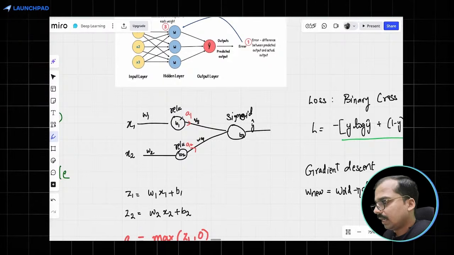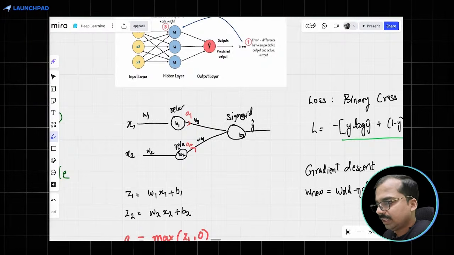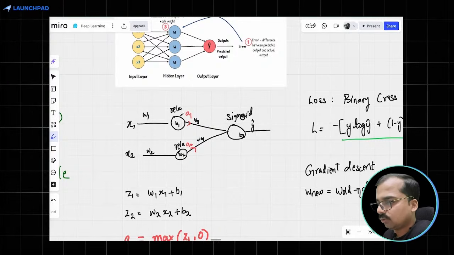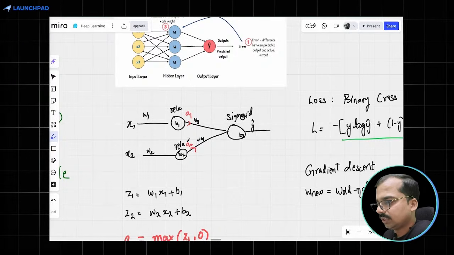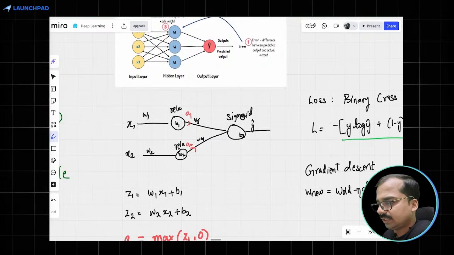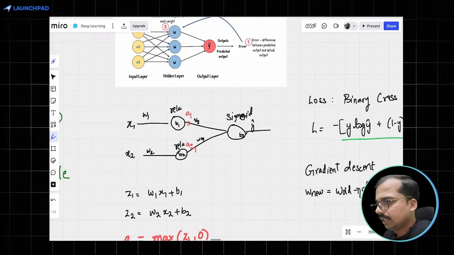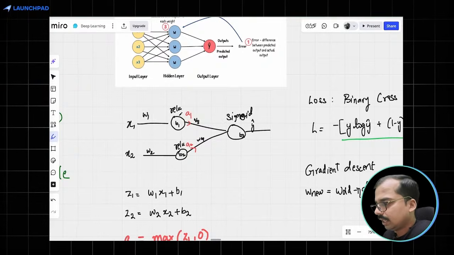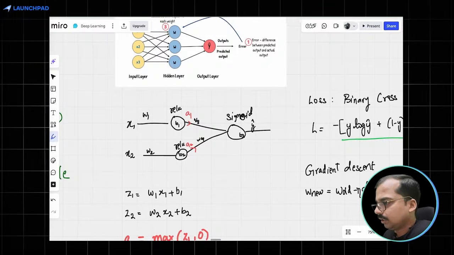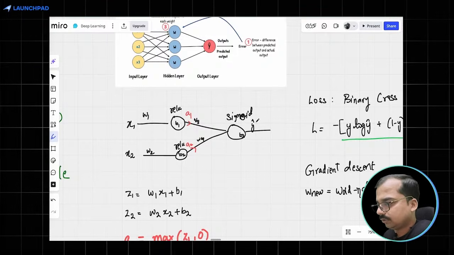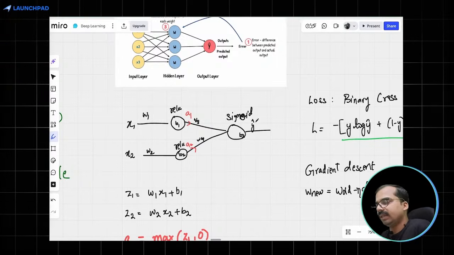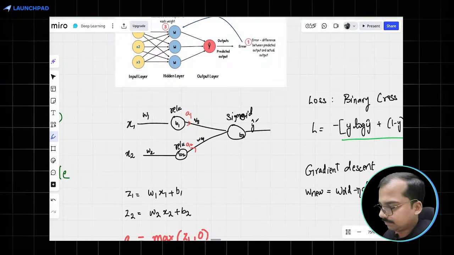Then the output is passed to the ReLU activation function, and we get A1, the output from this, and A2 is the output from this neuron. That will again go through a weighted sum with W3 and W4, and a bias will be used. Then finally we'll apply the sigmoid activation function to get my y hat. So this is basically a binary classification problem, that's why we have the sigmoid activation function.